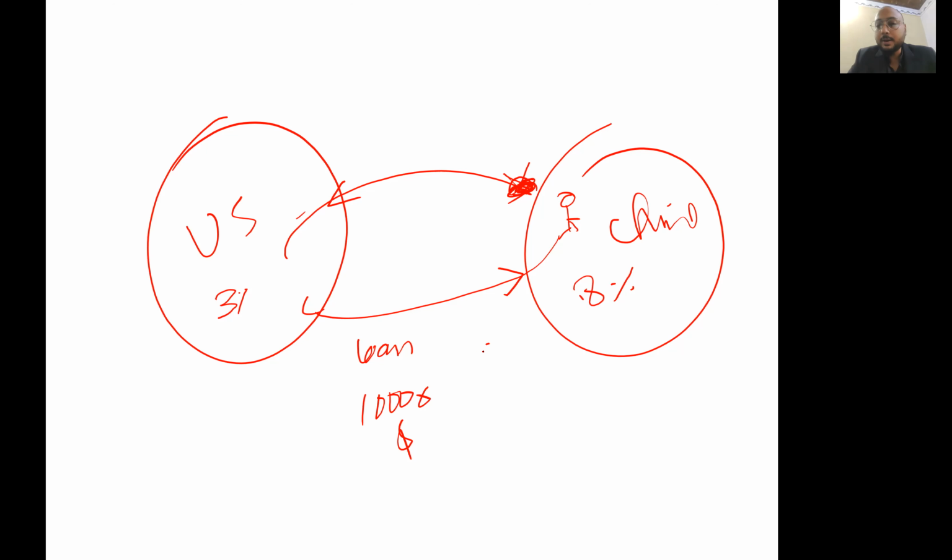You convert it into yuan and you save it with the Chinese banks. After 3 months, 4 months, 5 months, or a year, you receive 8% interest along with your $10,000. You convert your yuan into dollars.